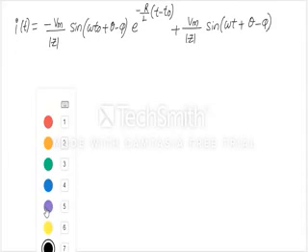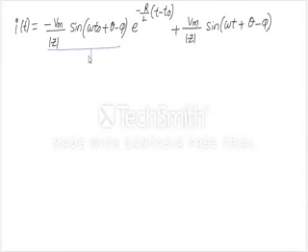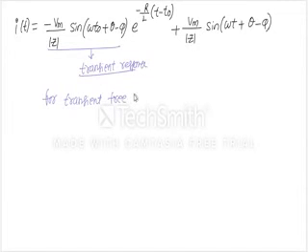Now this is the transient response. Transient response is 0. Means what I can say here? For transient free response, what must the condition be?